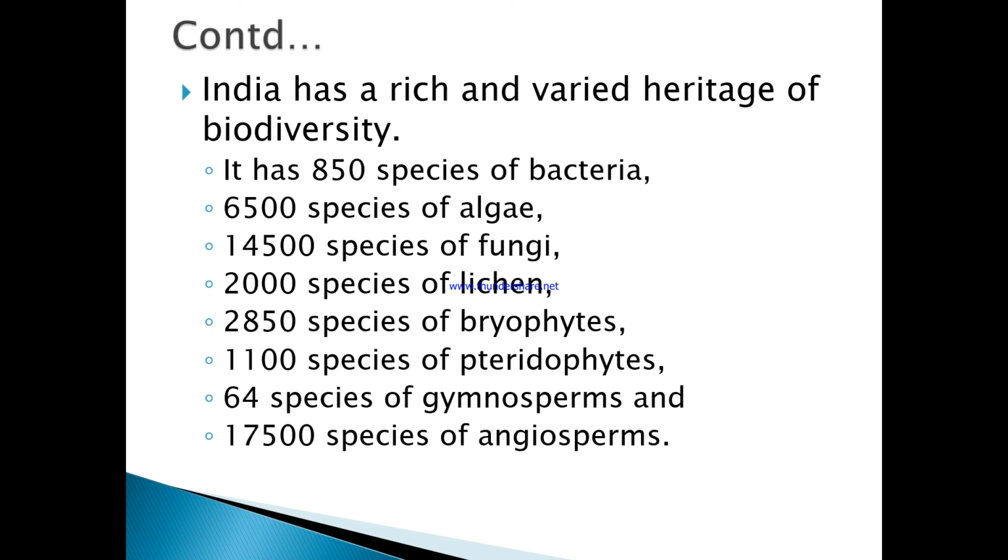So India is rich and it has a varied heritage of biodiversity. It has 850 species of bacteria, 6,500 species of algae, 14,500 species of fungi, 2,000 species of lichen, 2,850 species of bryophytes, 1,100 species of pteridophytes, 64 species of gymnosperms, and 17,500 species of angiosperms.